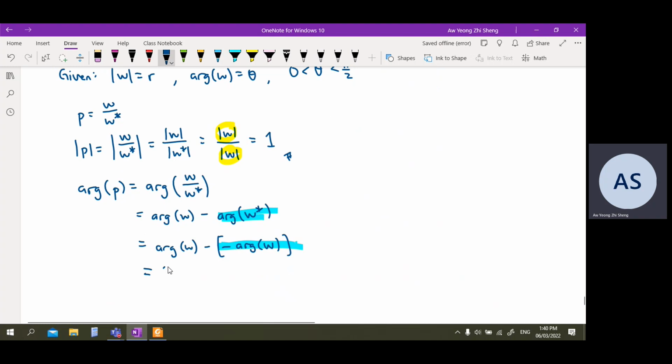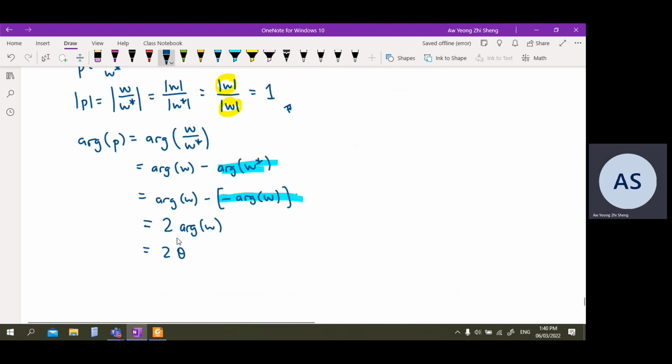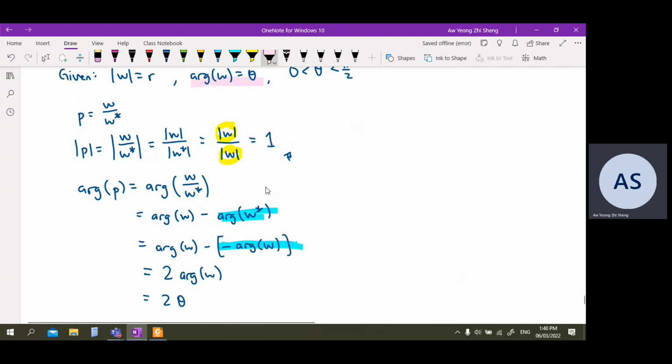So we end up having 2 argument w. And what is argument w? It is theta. Argument w is given as theta by the question. And that's it. The argument of p is 2 theta. That's the final answer.